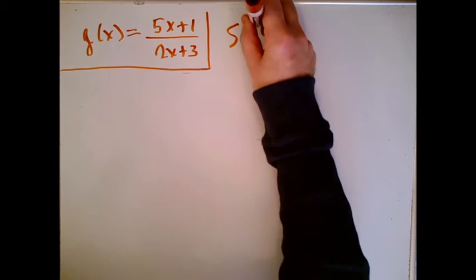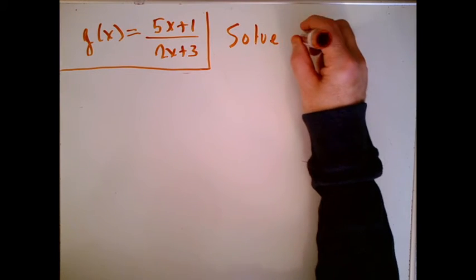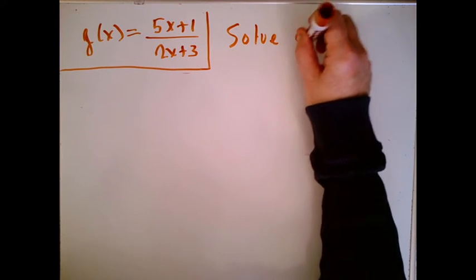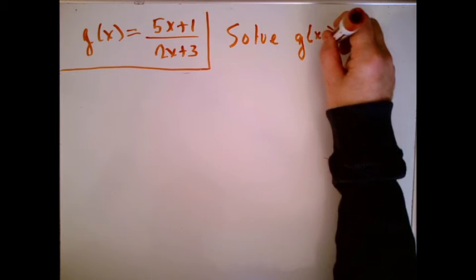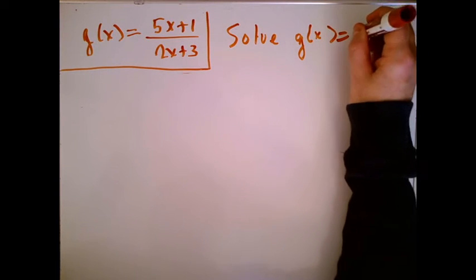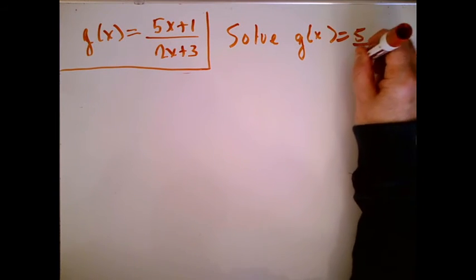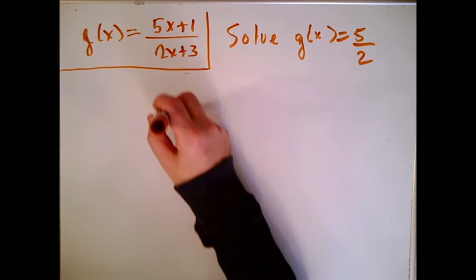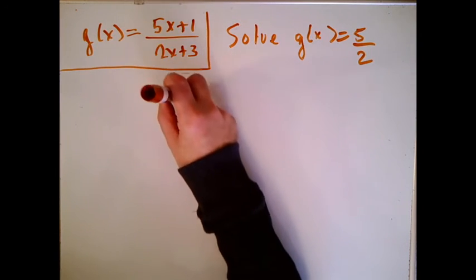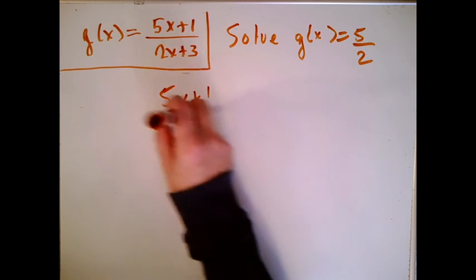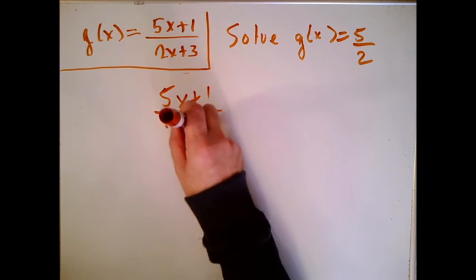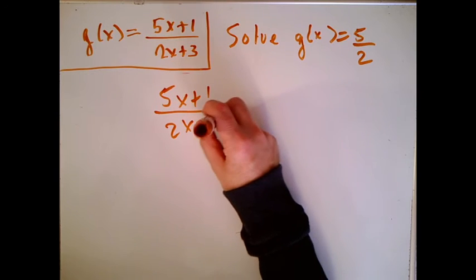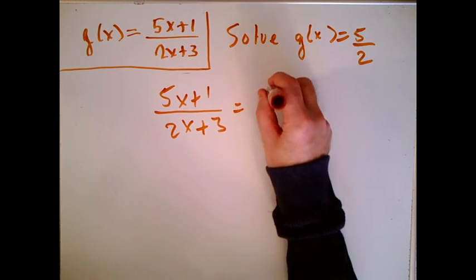They want solve g of x equals 5/2. So what we're going to do is just set g of x equal to 5/2 and see what we can do. So I'm going to get 5x plus 1 over 2x plus 3 equals 5/2.